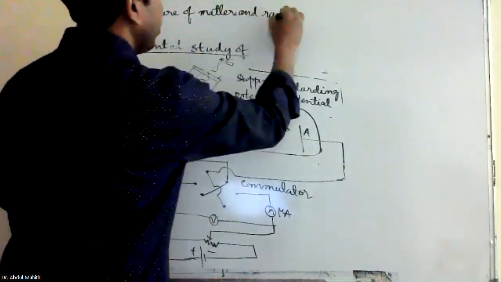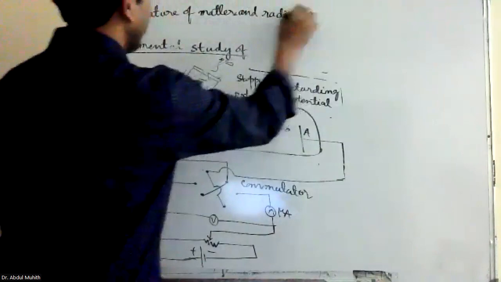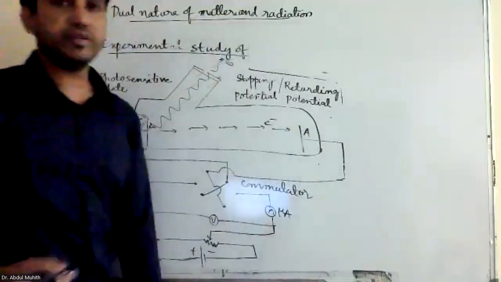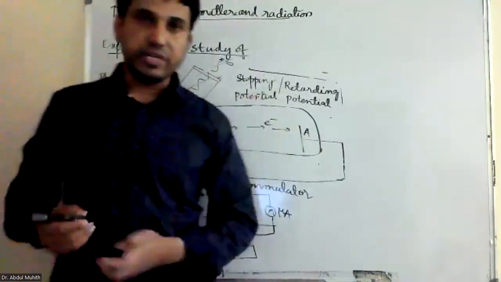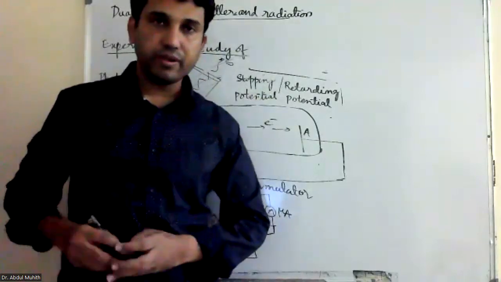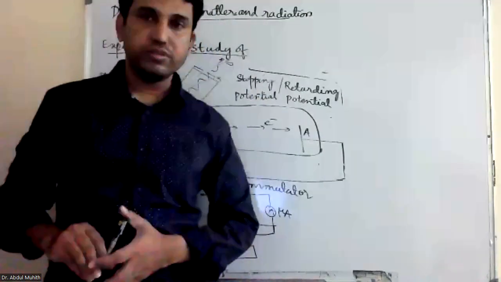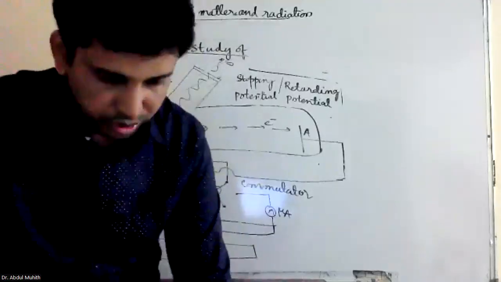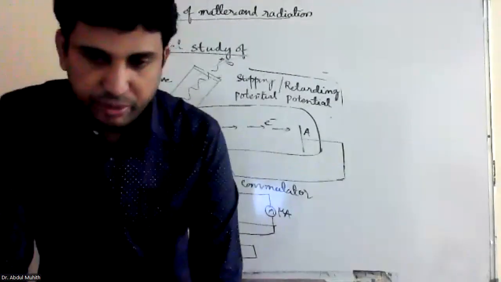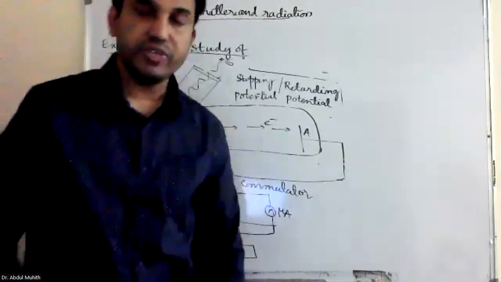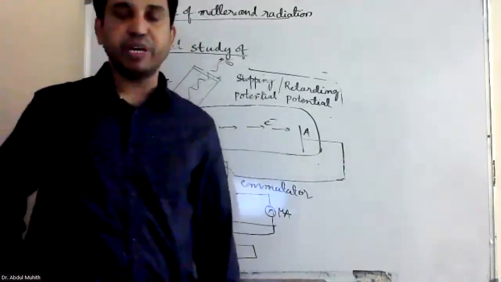Actually, this is where quantum mechanics started. You know what quantum mechanics is? Yes, sir, that's the study of quantum particles. The study of micro and nanoparticles. So we study the behavior and characteristics of micro and nanoparticles.